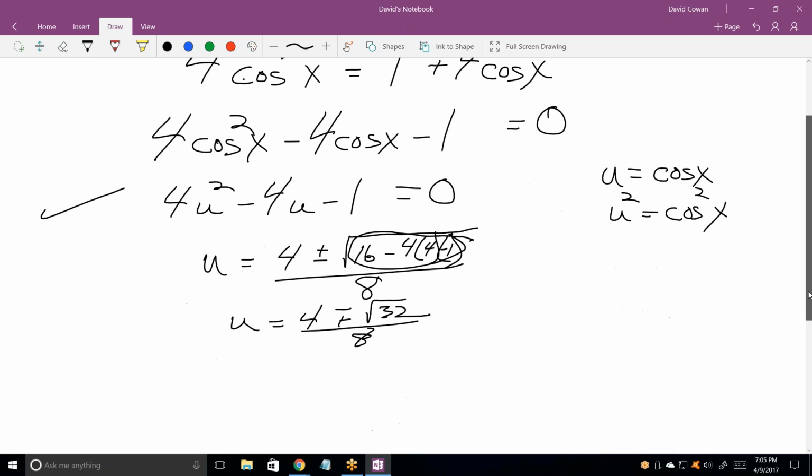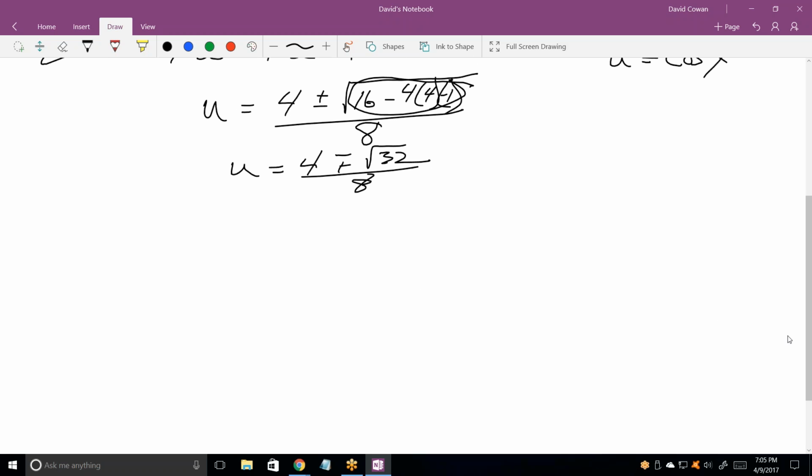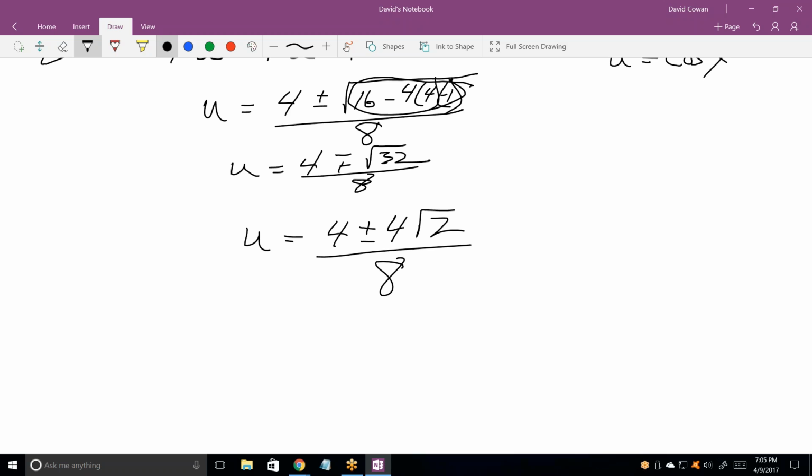And then let's carry that forth. So we get u equals 4 plus or minus, I can take a 16 out of that, so that's 4 root 2 all over 8, which means u is equal to 1 plus or minus root 2 all over 2.